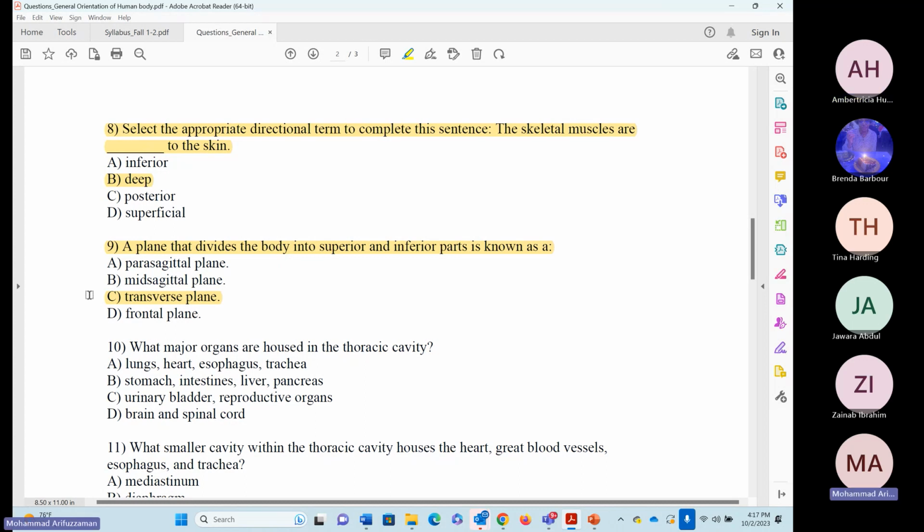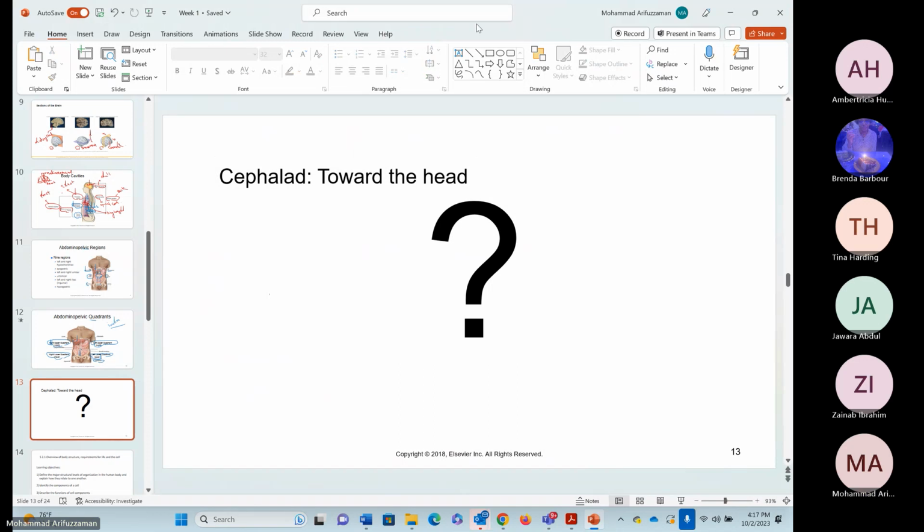And what is parasagittal? Okay, let me write it here. Sagittal means passing through the body, dividing the body into the right and left side. That is sagittal. And what is parasagittal? Para is around.